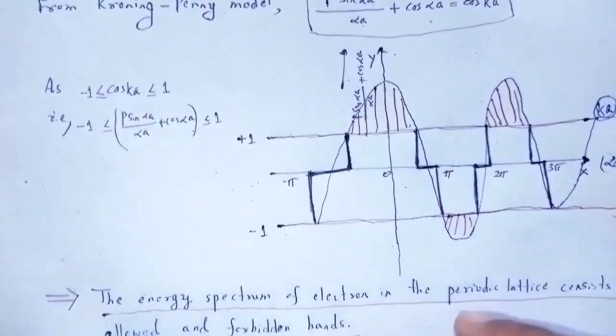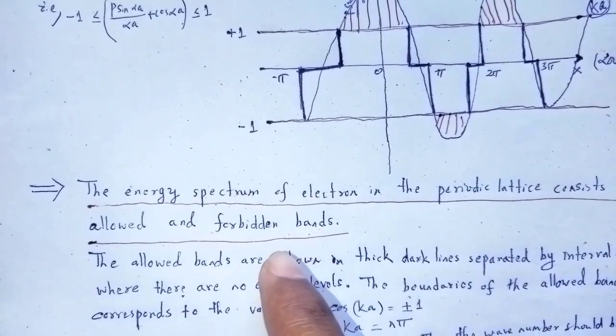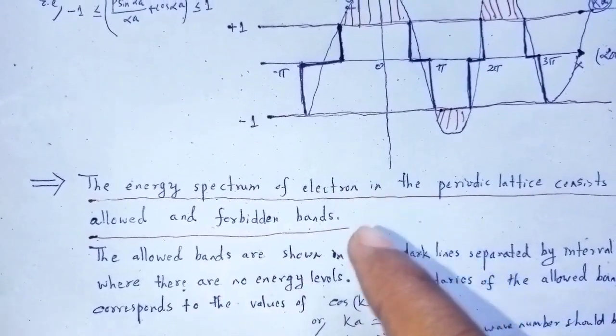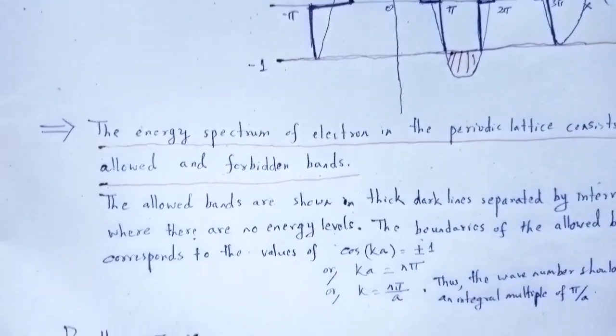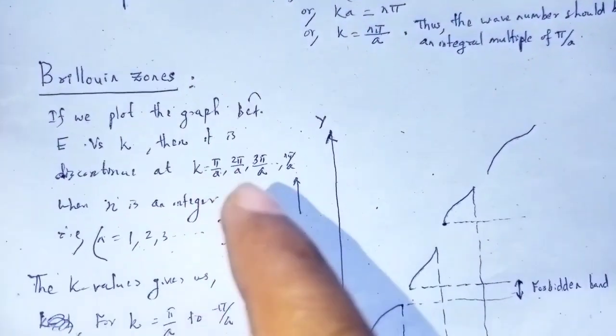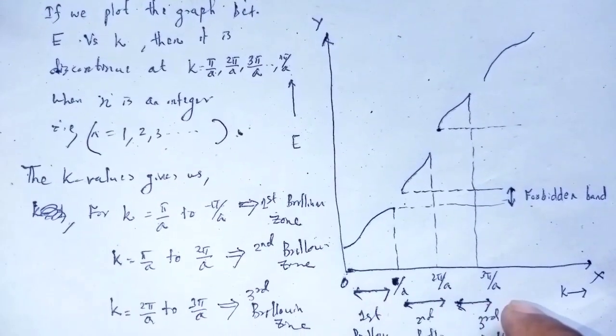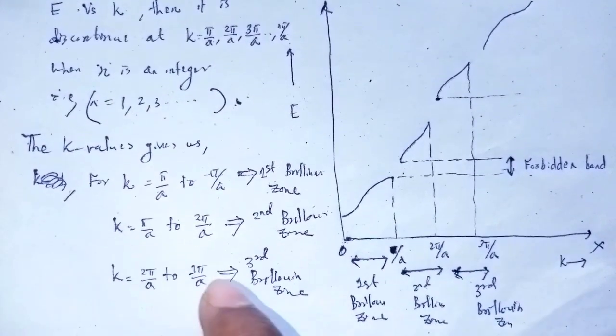By taking the graph, we confirm what are allowed bands and forbidden bands in the Kronig-Penney model, and then Brillouin zones, plotting the graph between energy and wave number.